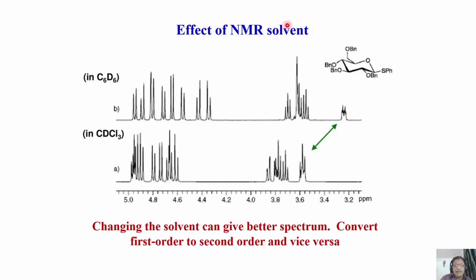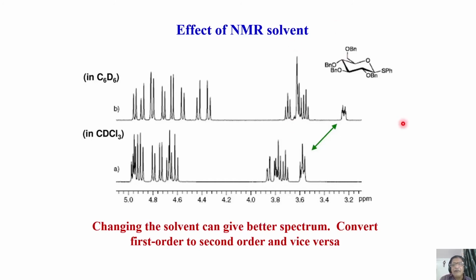When you change the solvent, sometimes you can see the spectrum gets better in some sense, but not always. Don't think that you keep on changing the solvent to take the NMR spectrum to get a better quality spectrum. No, only in some examples I'm giving you. It can sometimes happen, but by and large, it won't change so drastically.